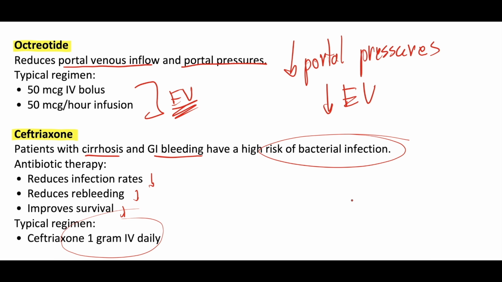Like if you look at the AASLD, if that's the right abbreviation, the big liver society, who needs empiric ceftriaxone and all that? The plot's very, very thick. The evidence is somewhat variable, but in general, guidelines would suggest you should give ceftriaxone for any upper GI bleed in a patient with cirrhosis, independent of whether they have ascites or not.